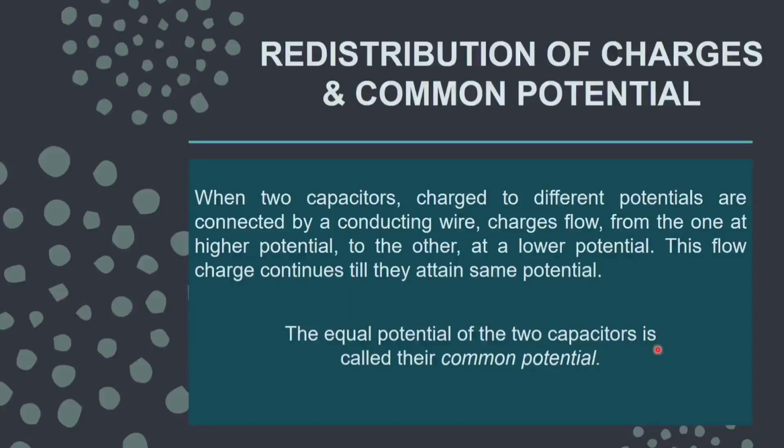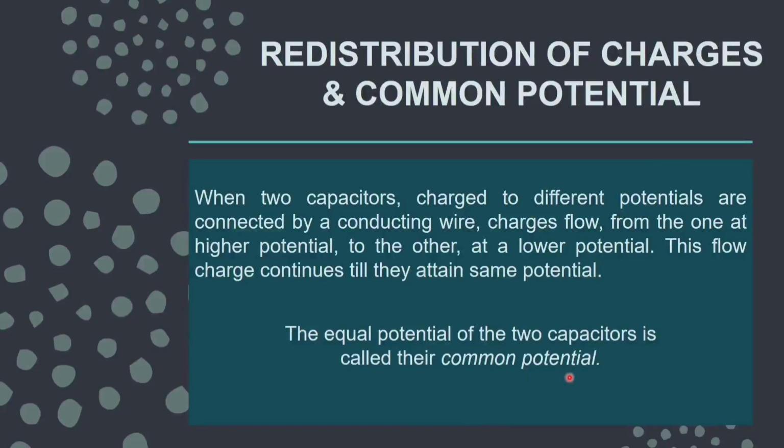Whenever I have two capacitors connected by a conducting wire, charge will flow till both capacitors get the same potential, like water flowing from a higher level to a lower level till both containers have the same water level. Similarly, when both have the same potential, that potential is termed the common potential.